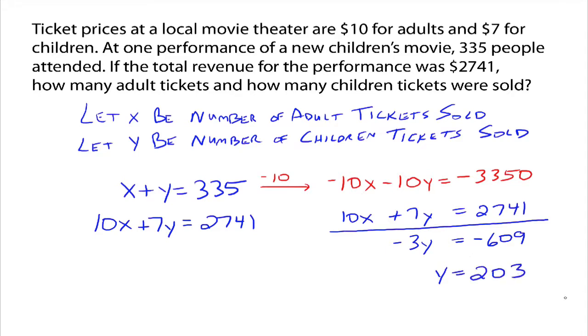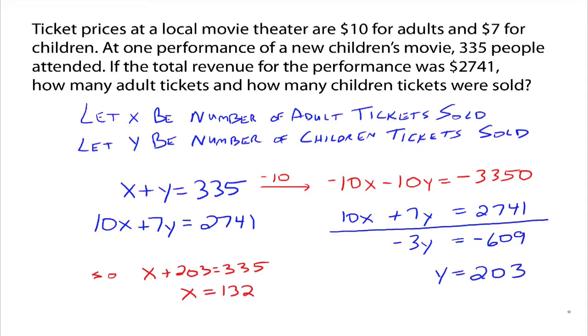So what does that mean? Well, that means that 203 children tickets were sold. Now we need to figure out the number of adult tickets. We'll take the 203 and plug it in for y here, so don't forget to find that. So x plus 203 equals 335, so x equals 132.